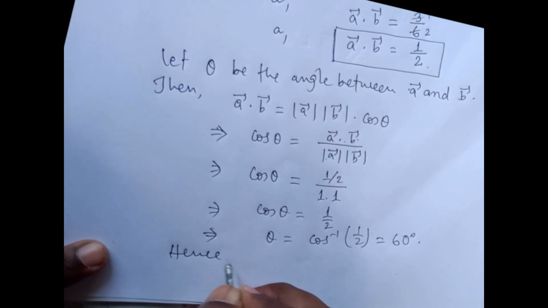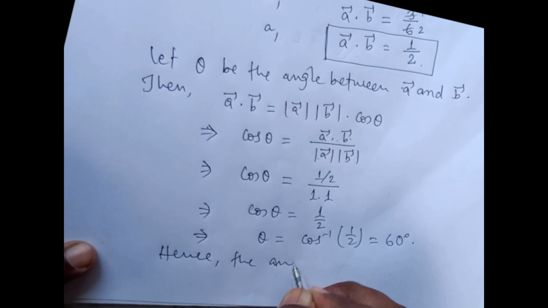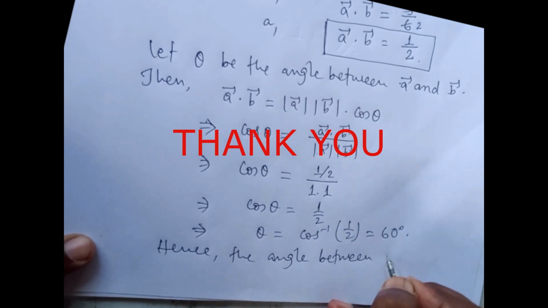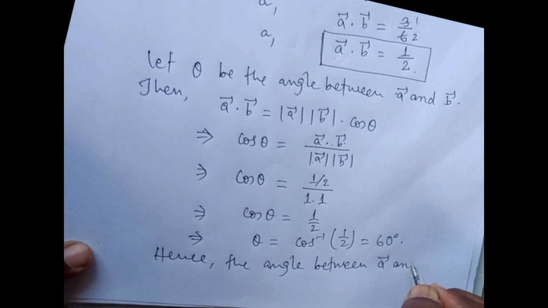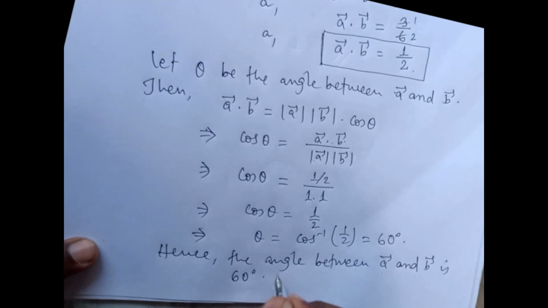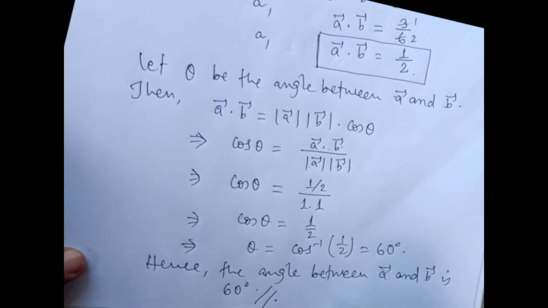Hence the required angle between vector a and b is 60 degrees. Hence we determined it.